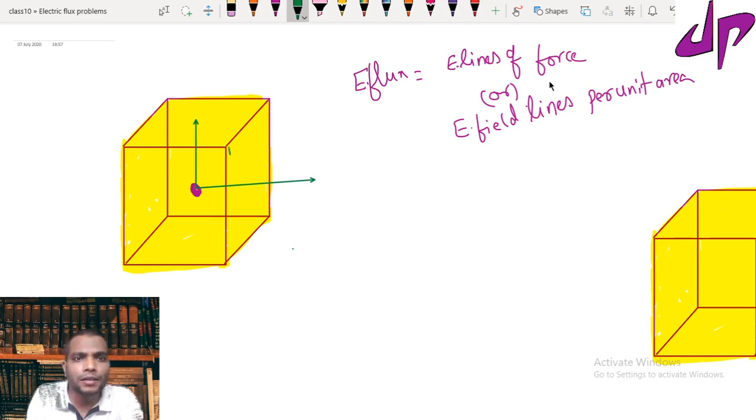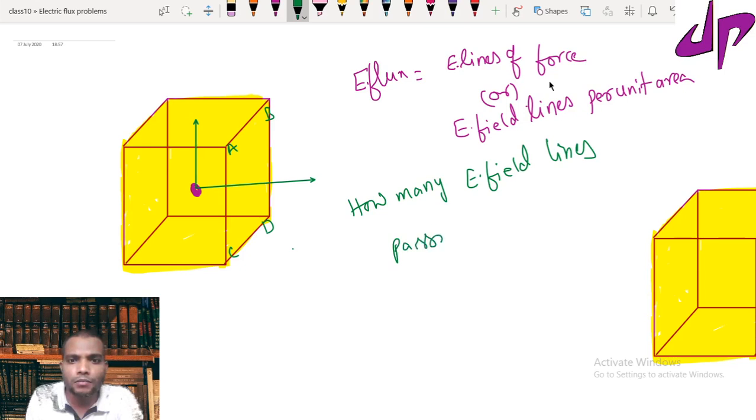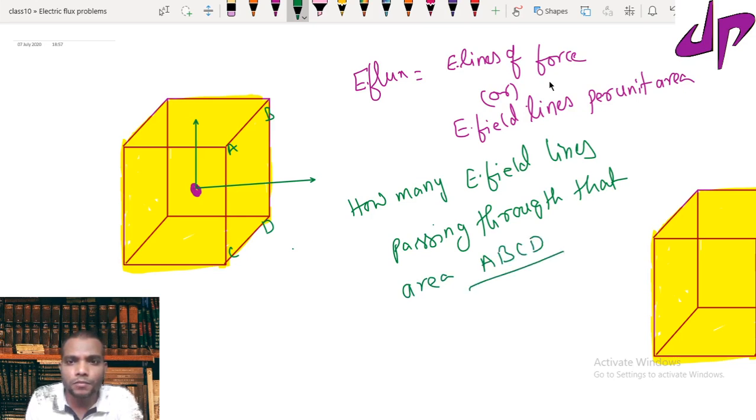Suppose you take the surface area ABCD, how many electric field lines are passing through that area ABCD? This we define as electric flux.